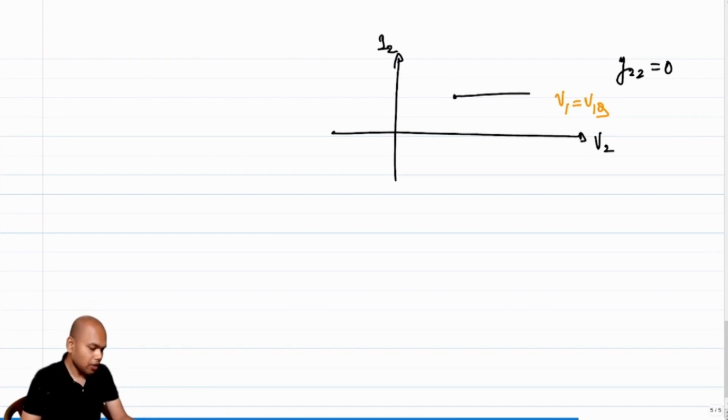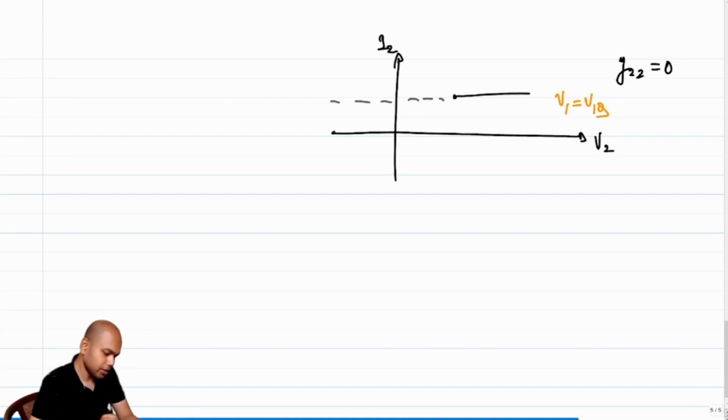Okay, so now what do you think will happen if I extend this plot to the right and to the left, right? So can you comment on the generic trend of this plot if I extend it to the left? Essentially what I'm asking is, can you comment whether this plot in principle can go to the second quadrant?